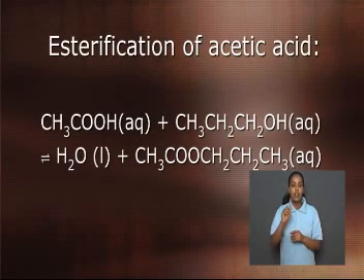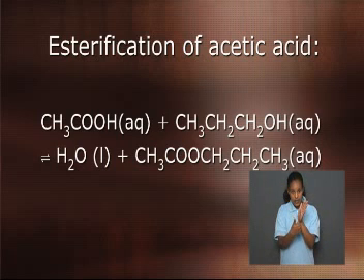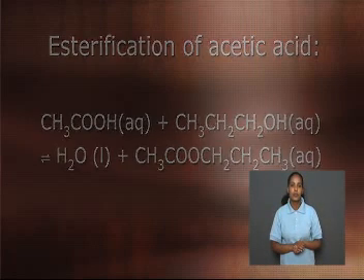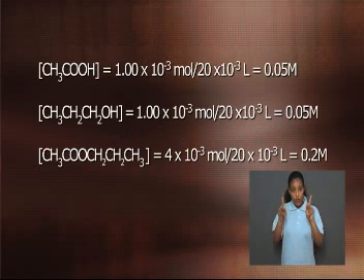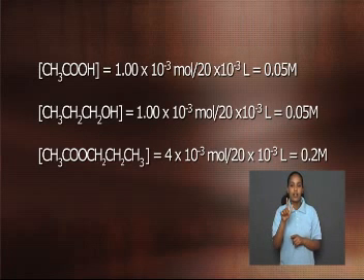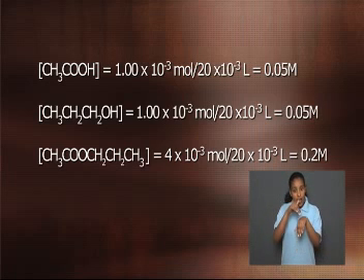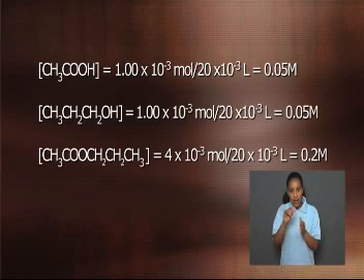The esterification of acetic acid is represented by this equation. Assuming the total volume of the solution is 20 milliliters at the end of the experiment, the concentration of the individual species at equilibrium can be calculated like this.